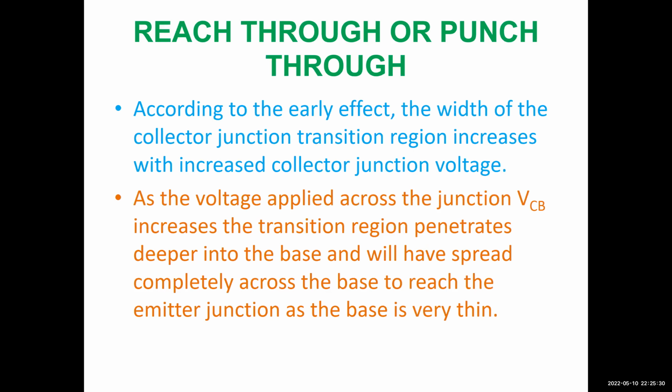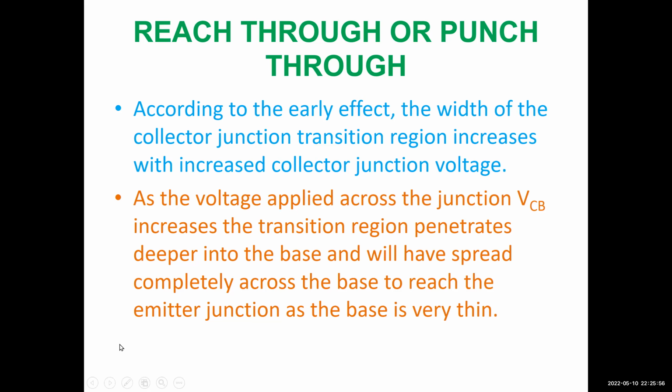So it is called reach through or punch through to the collector. First is reach through or punch through. According to the early effect, the width of the collector junction transition region increases with increased collector junction voltage. What is that voltage? It is nothing but the VCB. While you increase the VCB, the effective base width will reach the junction of the emitter.